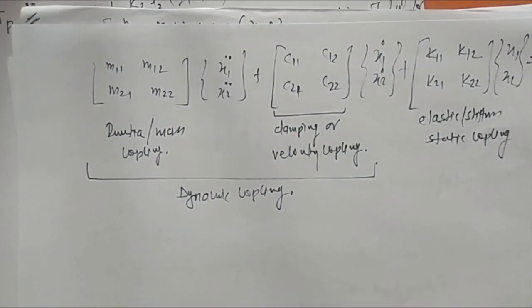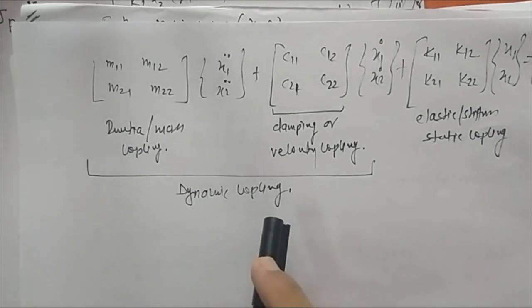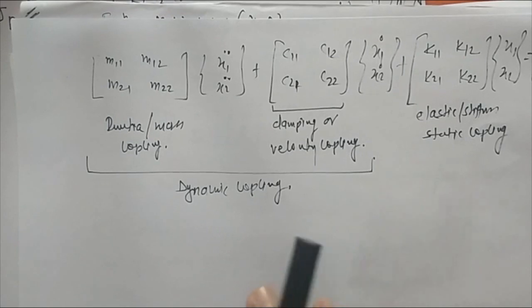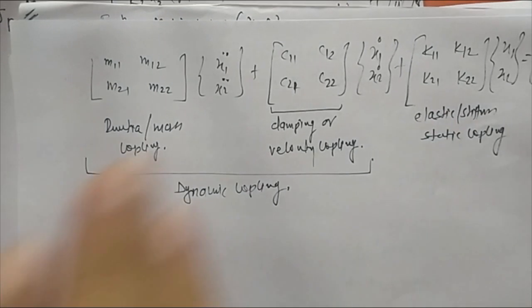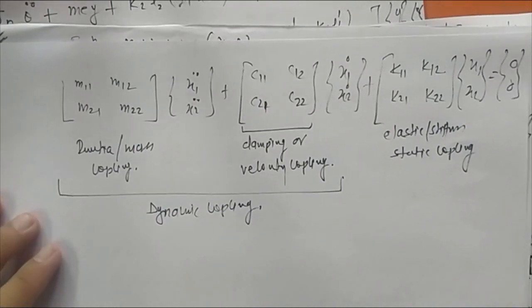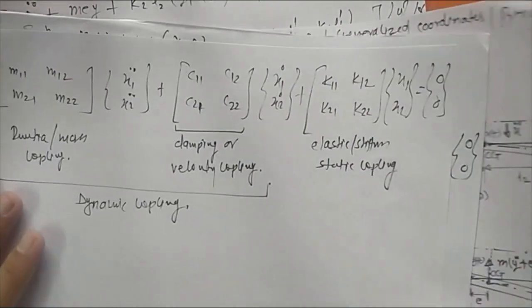So the system vibrates in its own natural way regardless of the coordinates used. So we see that by changing the choice of coordinates, we can change the type of coupling.